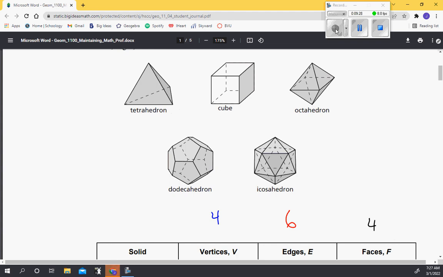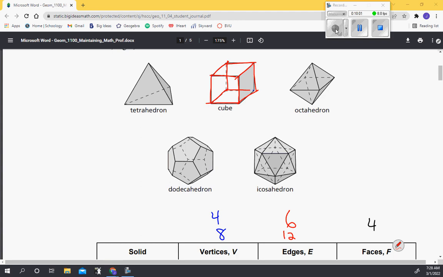Let's talk about vertices of a cube. Vertices of a cube, there is 1, 2, 3, 4, 5, 6, 7, 8 vertices. How many edges? There is 1, 2, 3, 4, 5, 6, 7, 8, 9, 10, 11, and 12.